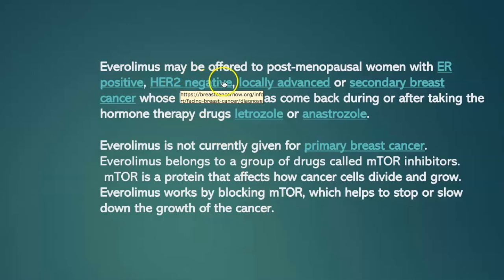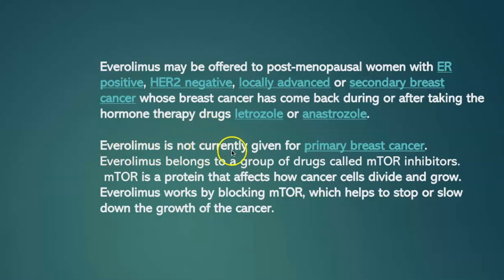Everolimus may be offered as a treatment for postmenopausal women with ER-positive, HER2-negative, locally advanced in the chest area, or secondary moving to other organ systems of the body whose breast cancer has come back during the initial course or after the initial course of hormone therapy drugs, letrozole or anastrozole.